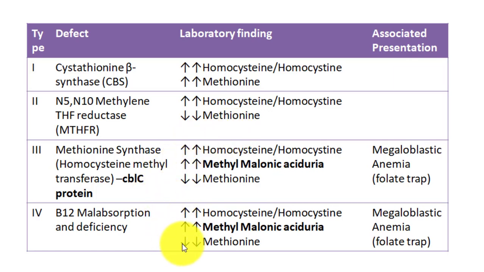Homocysteine will be high, methionine will be low. And in vitamin B12 there will be association of methylmalonic aciduria as well, plus megaloblastic anemia.